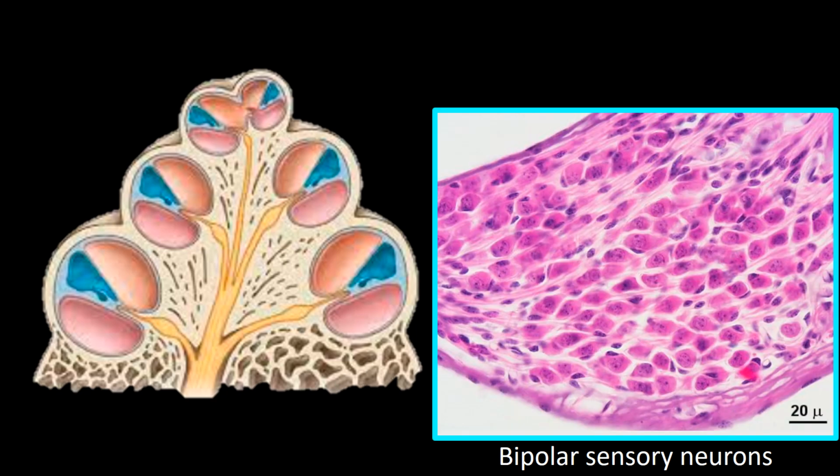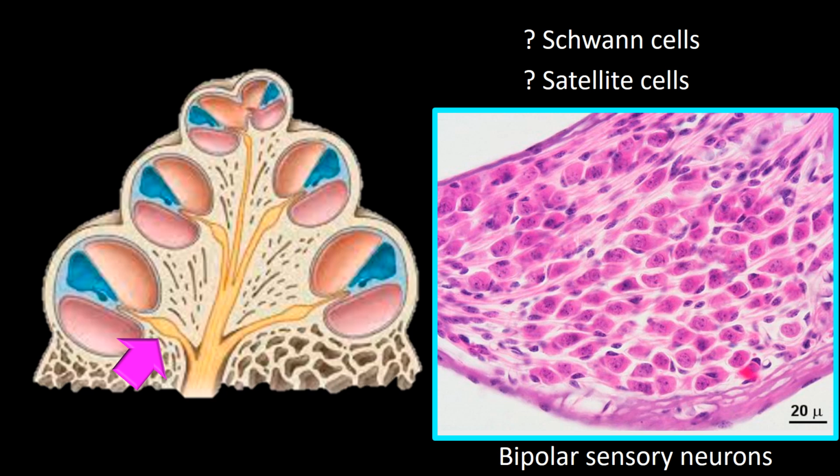Here you can see a lower power image of a spiral ganglion. With good imagination, you can see the bipolar morphology of the neurons. Whether Schwann cells and satellite cells in these ganglia are of ectodermal placode or neural crest origin is uncertain.